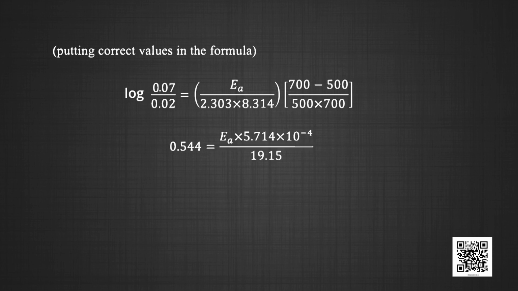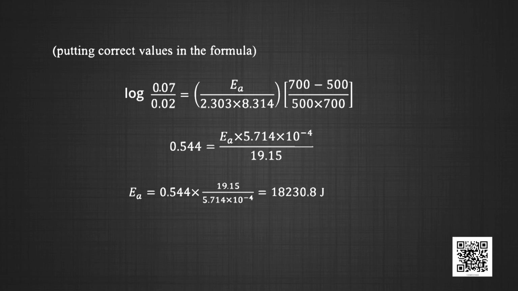Finding out the log, it comes out to be 0.544 equals to EA into 5.714 into 10 raised to power minus 4 divided by 19.15. Activation energy EA is equals to 0.544 into 19.15 divided by 5.714 into 10 raised to power minus 4.